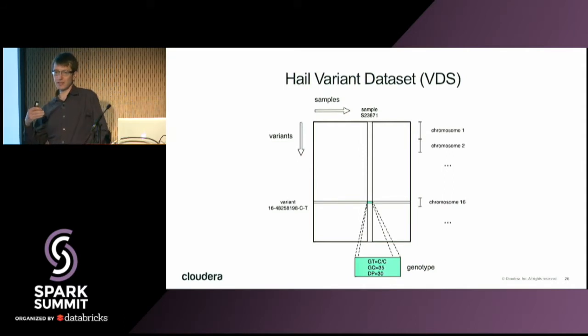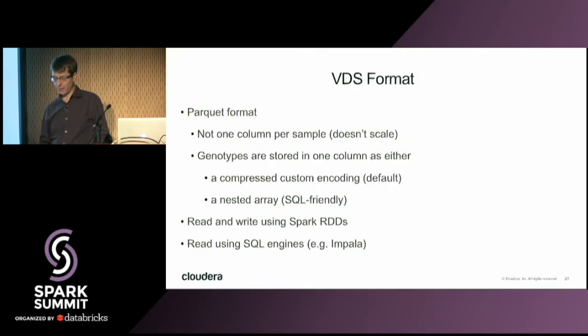So you can use Spark to analyze this large matrix. And the way that the matrix is stored is in Parquet. So the underlying file format is Parquet. It's not actually using one column per sample because we had thousands, or maybe up to 1 million samples, and that isn't a structure that Parquet will support.